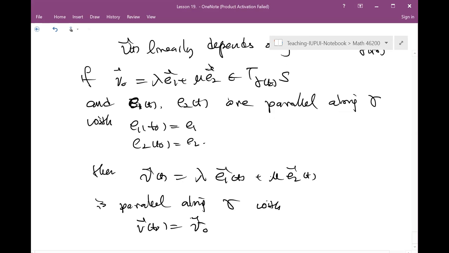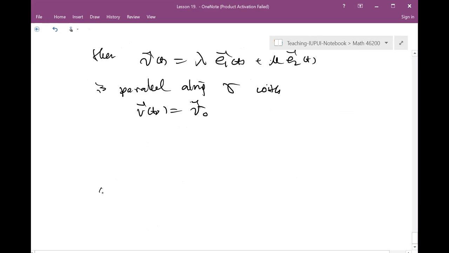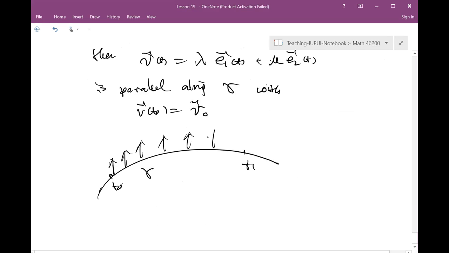In other words, you have a vector, you have a gamma, that's maybe T1. So you have a vector field parallel translated here. This parallel translation is a linear map.